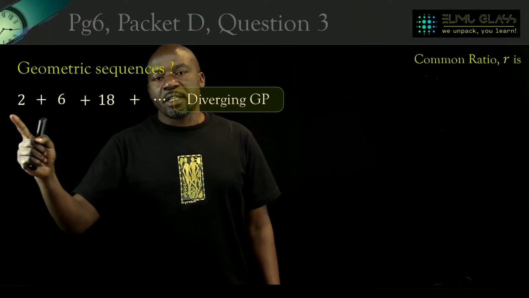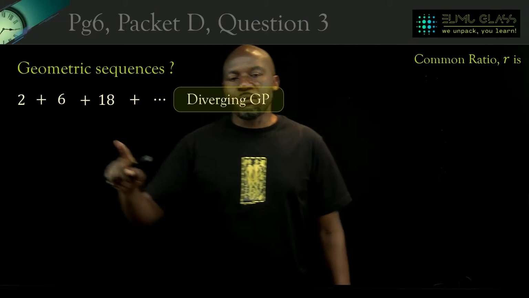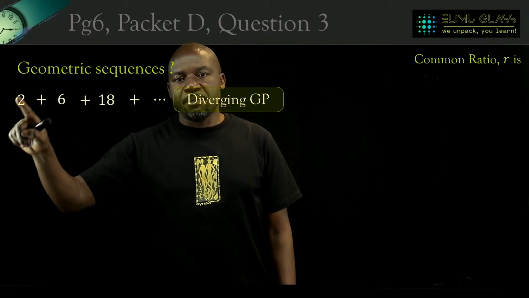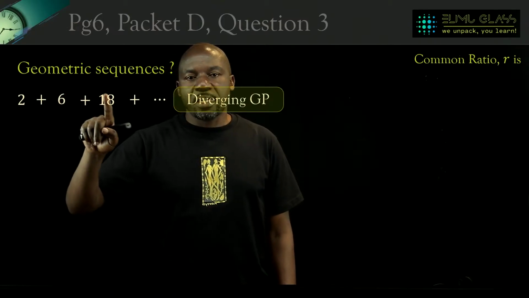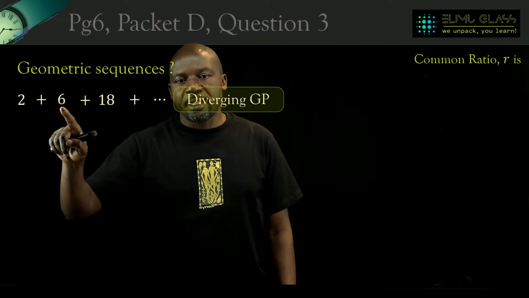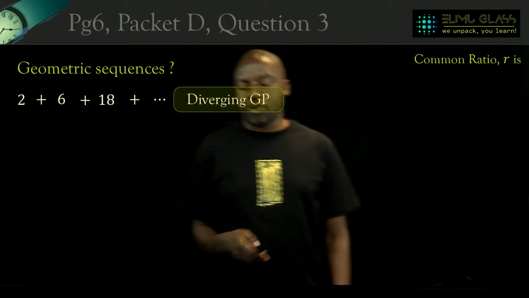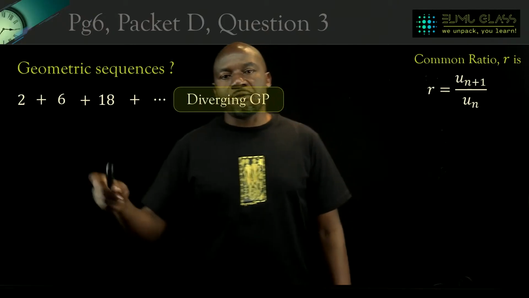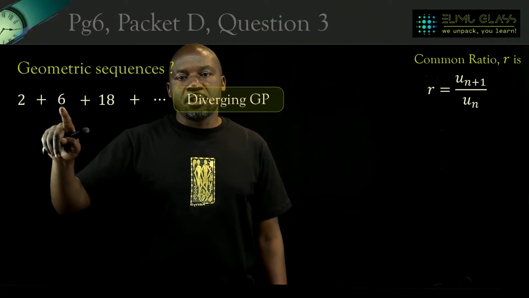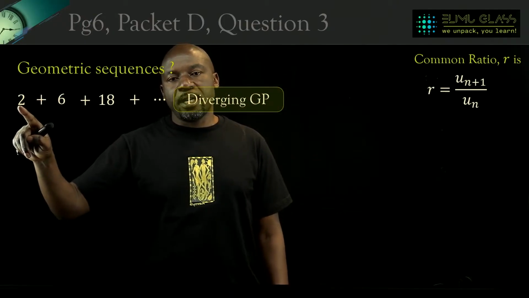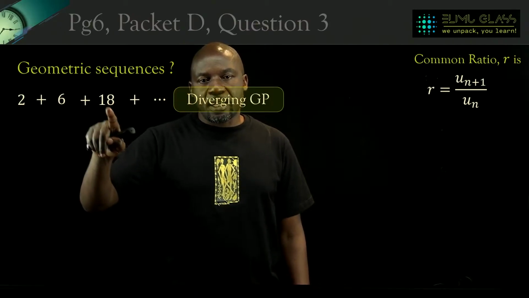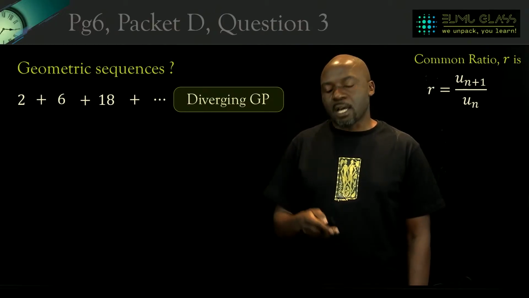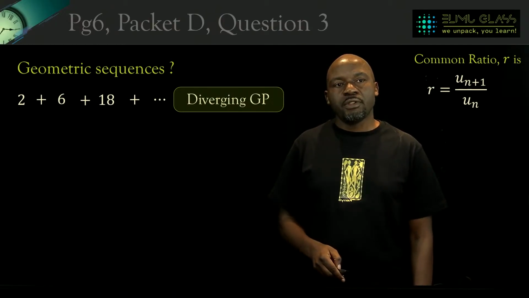So given a sequence like this, if we can find a common ratio, that is 6 divided by 2, and we find that is the same as 18 divided by 6, then this is a GP. All right, so the common ratio is the ratio of the next term to the current term. So in this case, you can see that our common ratio is going to be 3.